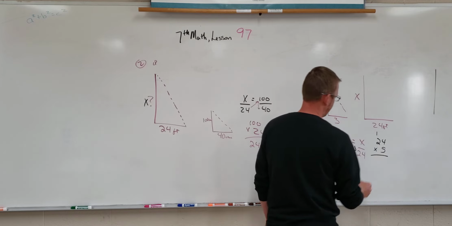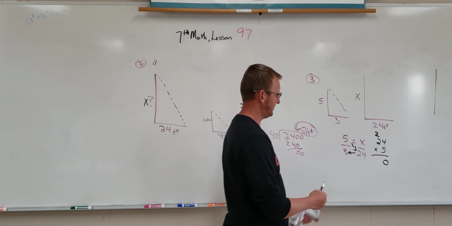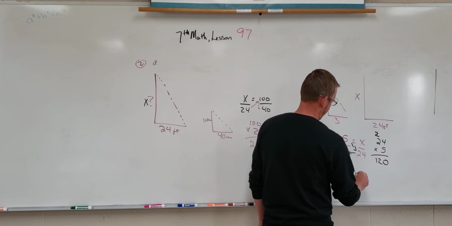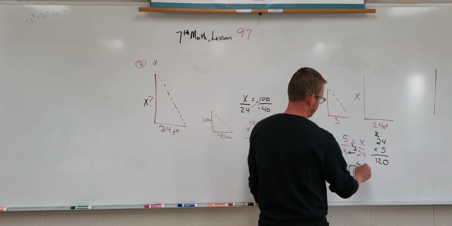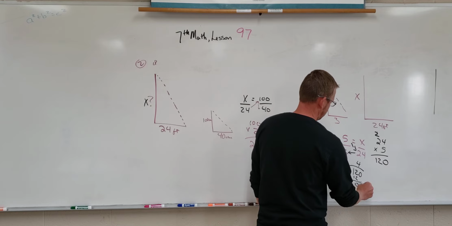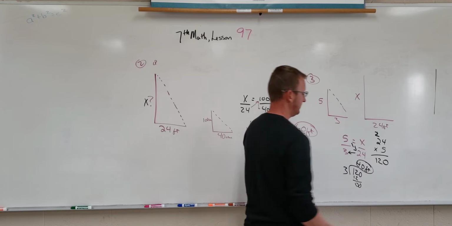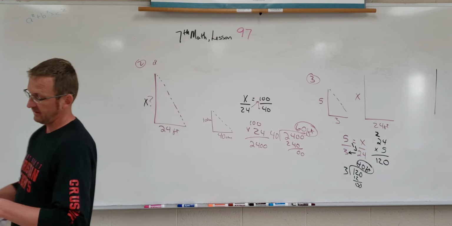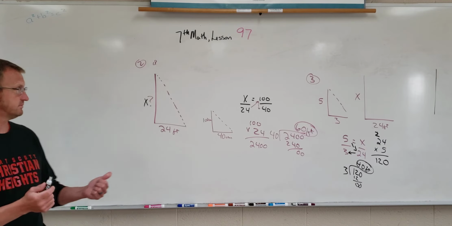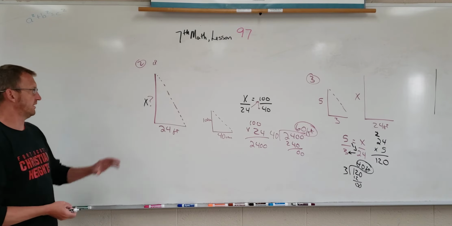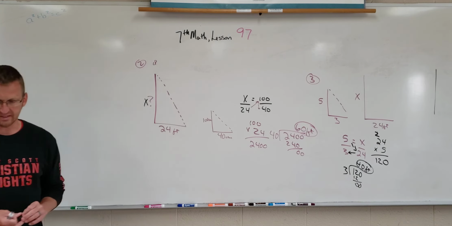That's better. 5 times 4, 20. 5 times 2, 10 plus 2, 120. 120 divided by 3. 3 goes into 12, 4. 40, so the approximate height of the flagpole is 40 feet, which if you're looking at your example, that would be C. So, lesson 97. Set up proportions of similar triangles, cross multiply, and divide.